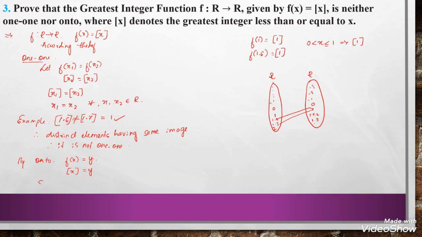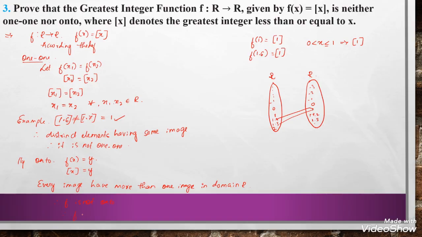That's why every image has more than one preimage in the domain R. That's why f is not onto.